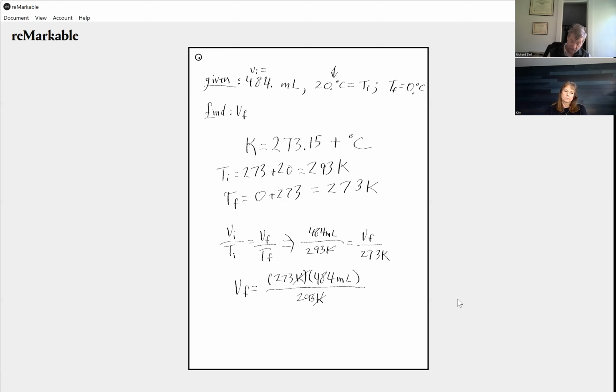Notice again, the units Kelvin cancel. Picked up the wrong electronic device. And all of a sudden, we are down to 451 milliliters of gas at 1.03 atmospheres.